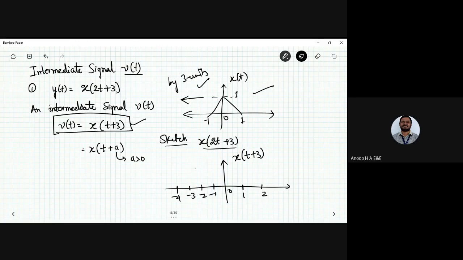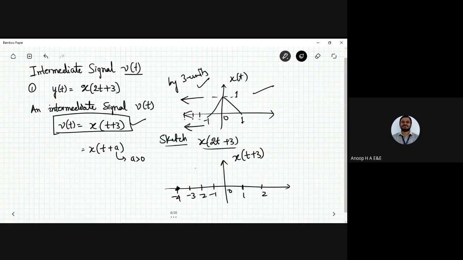What do I need to do? I need to take this signal, and I need to start from minus 1. It is being shifted towards the left by 3 units. So minus 2, minus 3 and minus 4, 1, 2 and 3. This will have 0 here. Next 0, minus 1, minus 2, minus 3.